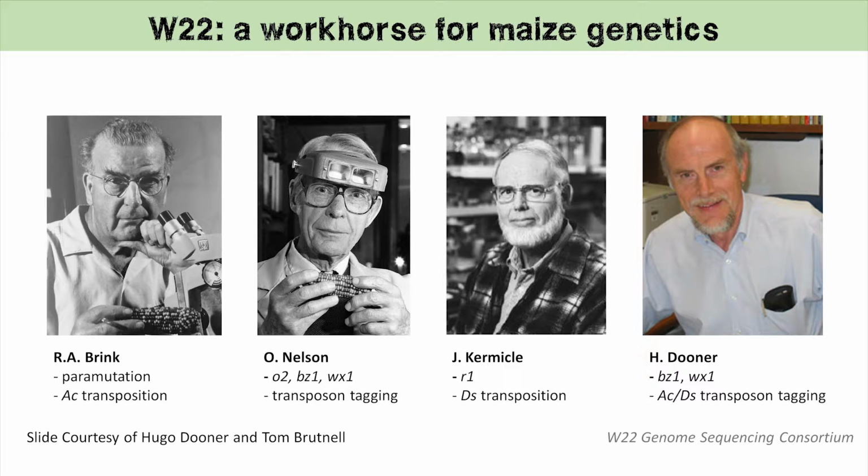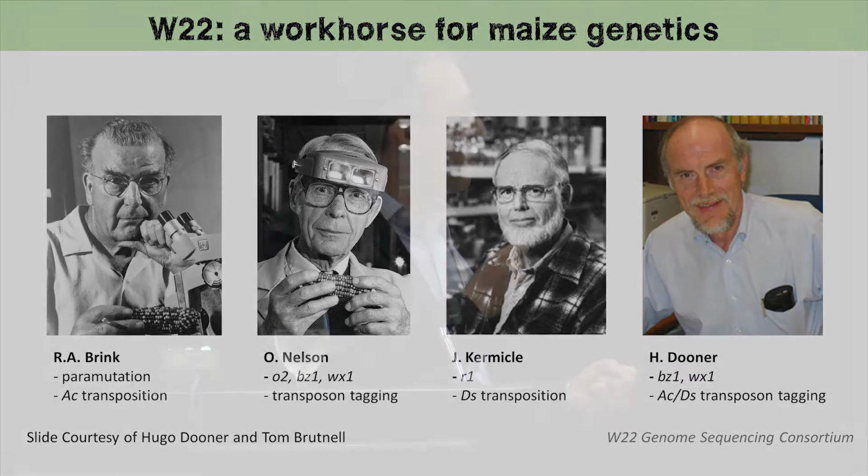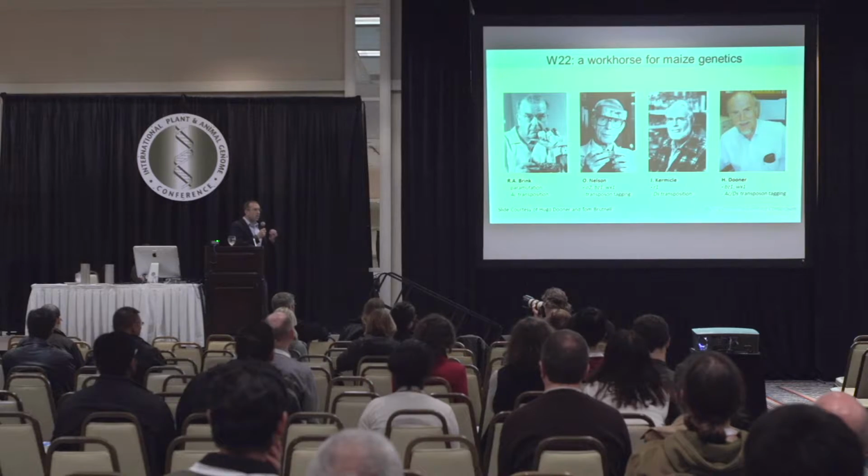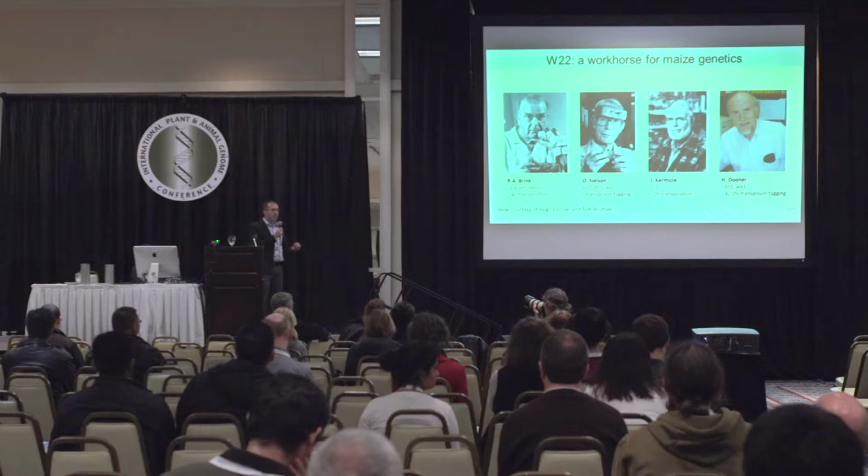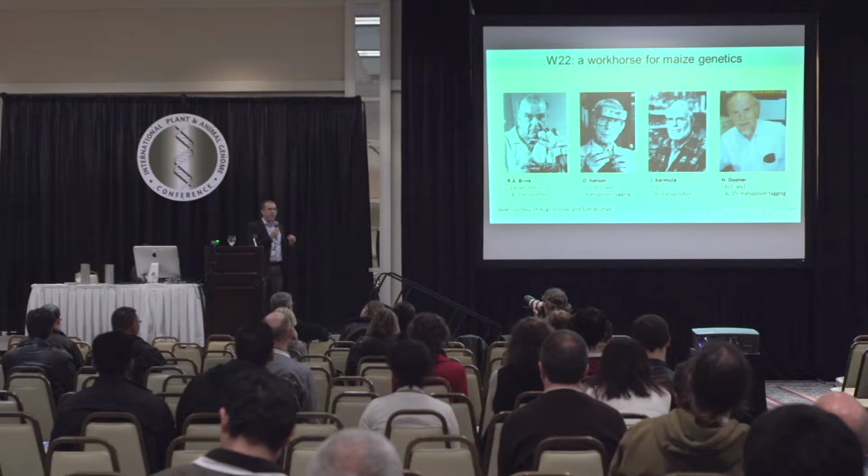Unlike many of the Midwest varieties that had strong suppressors of color, Brink was able to use W22 and get good color expression. So we could look at things like the bronze locus, the R locus, and the P locus, and they expressed well in this inbred. It wasn't an inbred for high productivity, it was an inbred for maize geneticists.